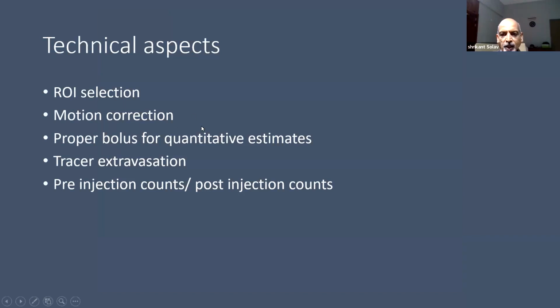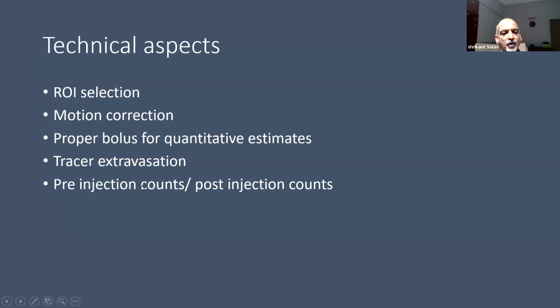If the bolus of radiotracer administered is improper, if there is extravasation of tracer in the arm, then the kidney is going to receive an inadequate amount of tracer, and there is going to be prolonged successive absorption from the subcutaneous tissue, giving rise to falsely prolonged intrarenal transit of radiotracer. So tracer extravasation at every cost should be avoided.